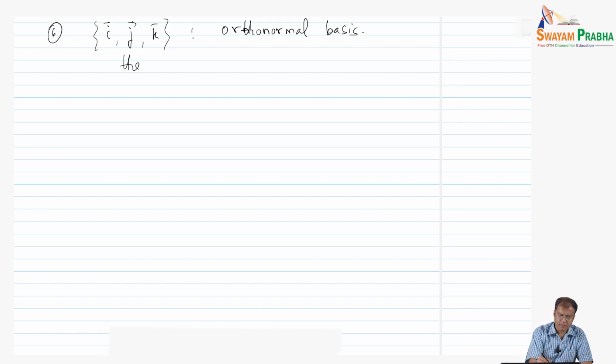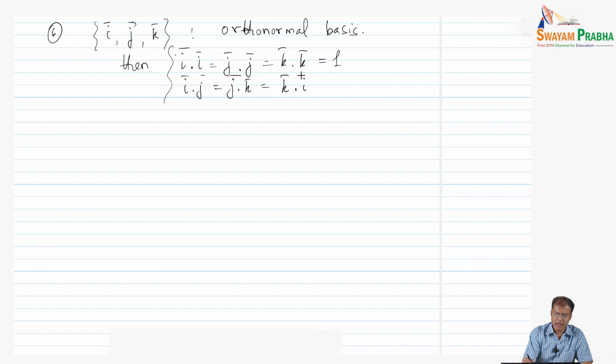Then I dot I is equal to J dot J equal to K dot K. Well, these are unit vectors, so you expect that this dot product will be 1. And because these are unit vectors which are orthogonal, we get that the following dot products, I dot J, J dot K, K dot I, are all 0. Okay.